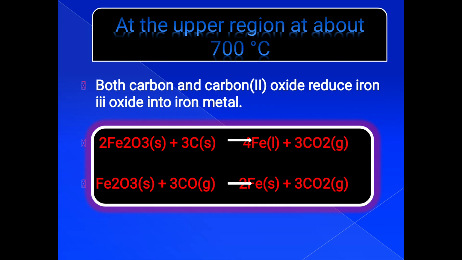If you look at the next equation, we have iron 3 oxide again reacting now with carbon 2 oxide to give us iron metal and carbon 4 oxide. In both cases, we have production of iron metal.